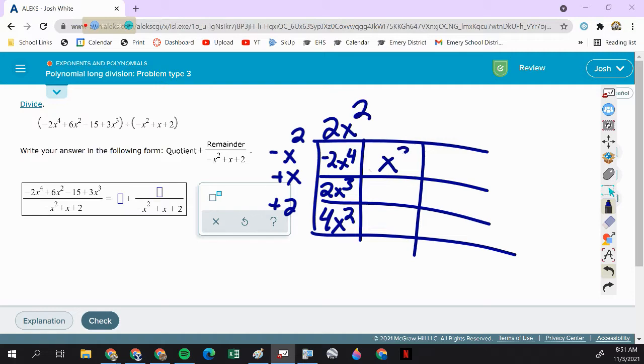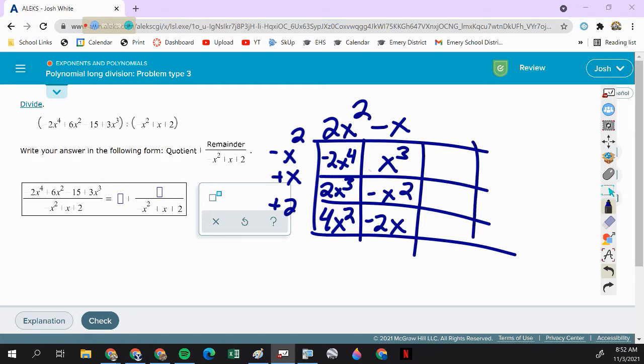Anybody not understand that? Everybody's all right with that? Okay. Pull out a negative and an x squared, and I get minus x. Negative x times positive x is negative x squared, and negative x times 2 is negative 2x.